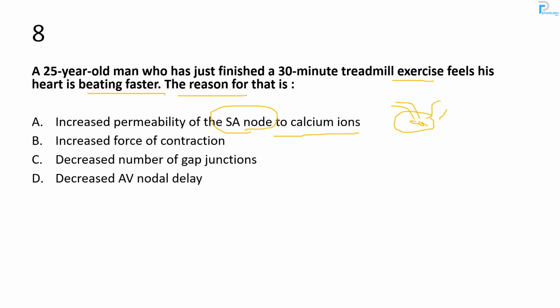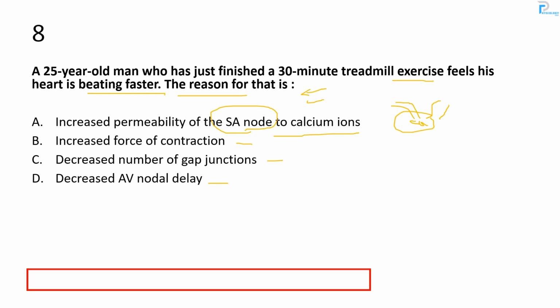And that is the mechanism, as I mentioned earlier in the previous slide, for sympathetic stimulation. It actually increases permeability of the pacemaker cells to calcium as well as sodium, and that causes the depolarization to happen faster. Other reasons don't have anything to do with the rate.